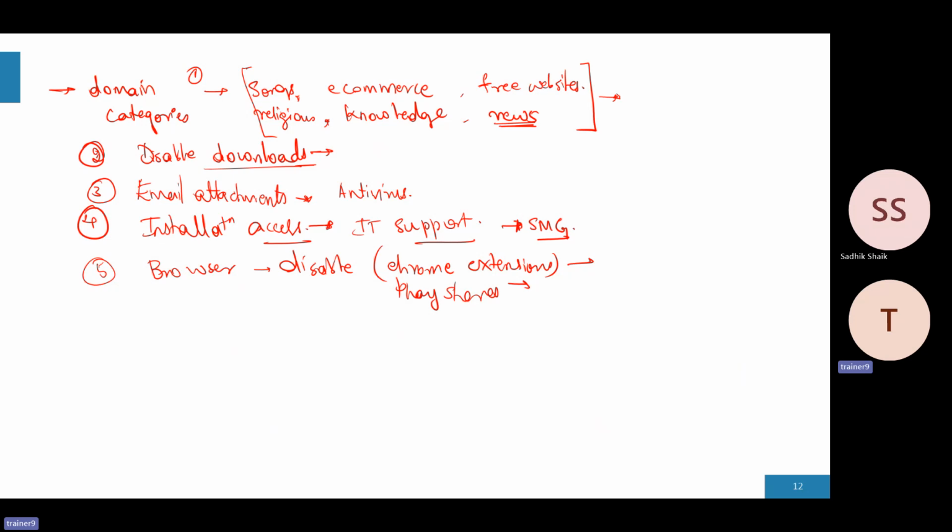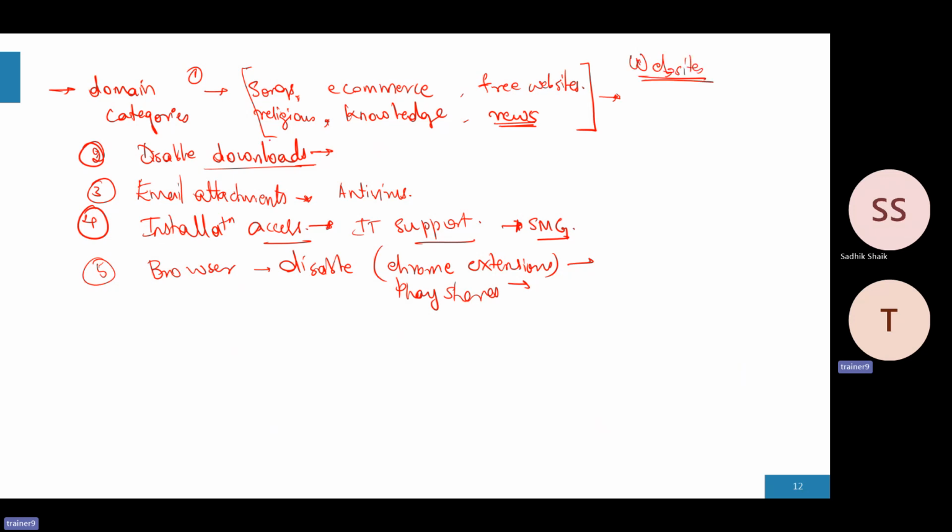But even after you build in all these things, there are so many websites you cannot control all of them, right? There might be some websites which you might still not be able to control.